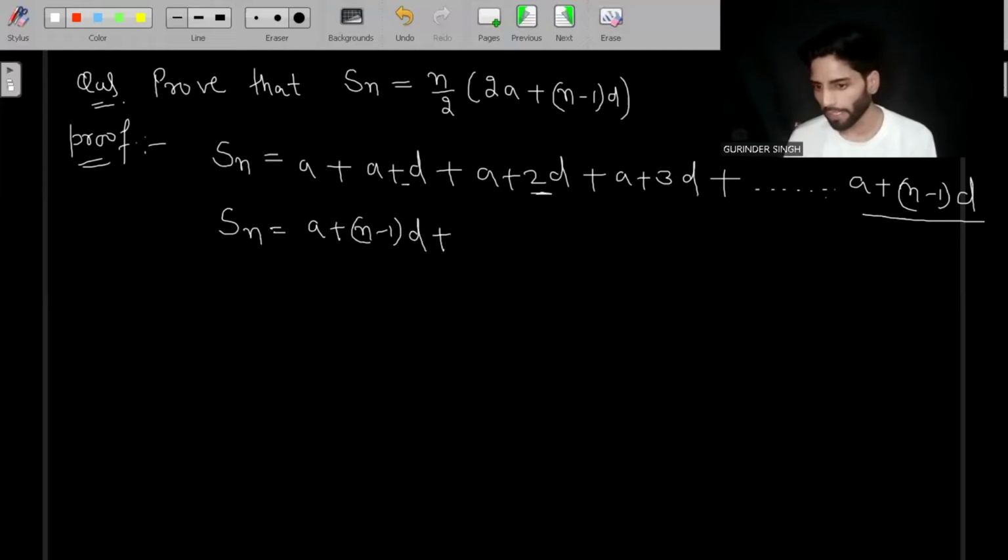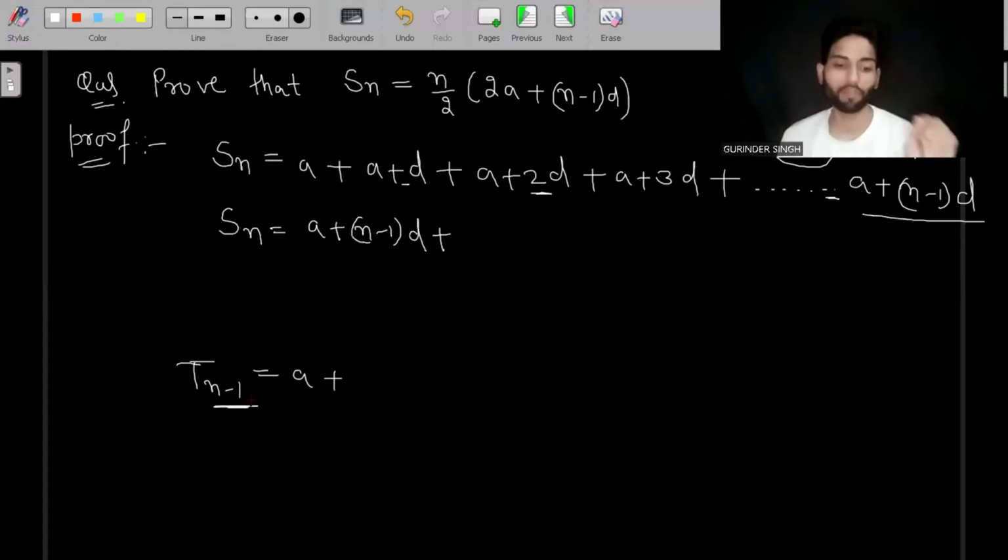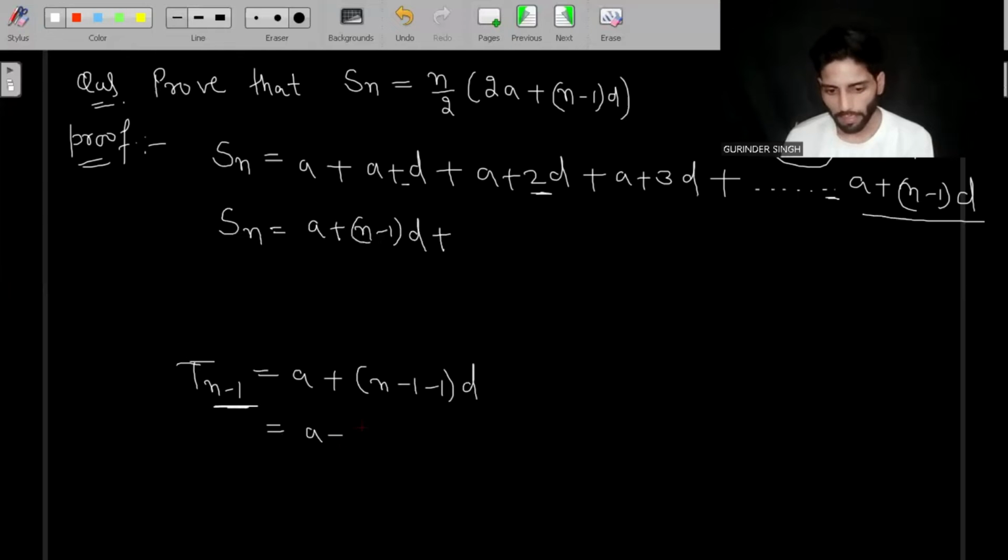And what will be the second last term? This is Tn, so the second last term is Tn minus 1. What is Tn minus 1? Tn minus 1 is equal to a plus, you have to subtract 1 from n minus 1, so this is n minus 1 minus 1 into d. So this is equal to a plus n minus 2 into d.